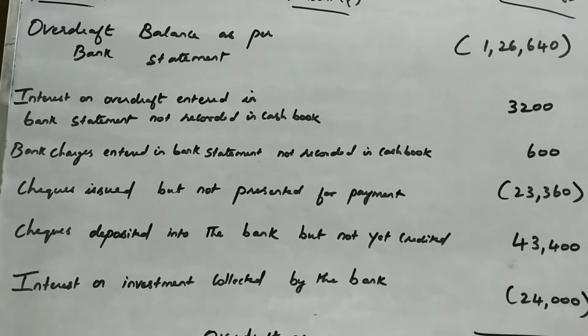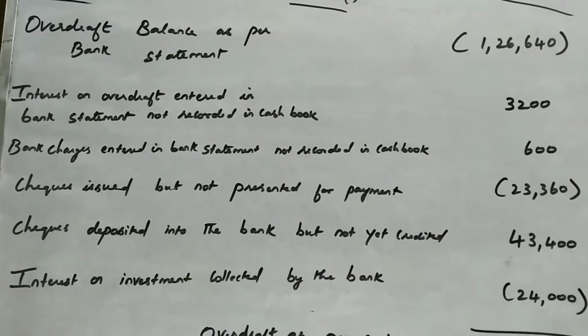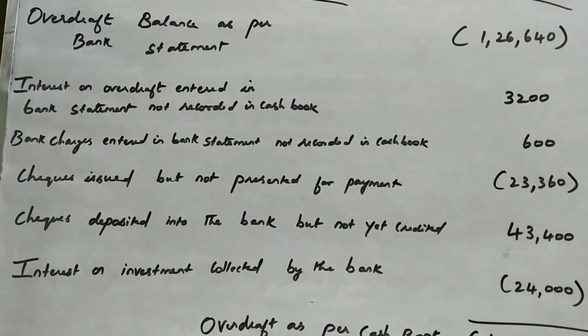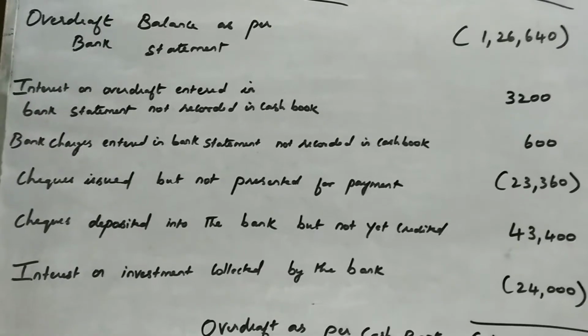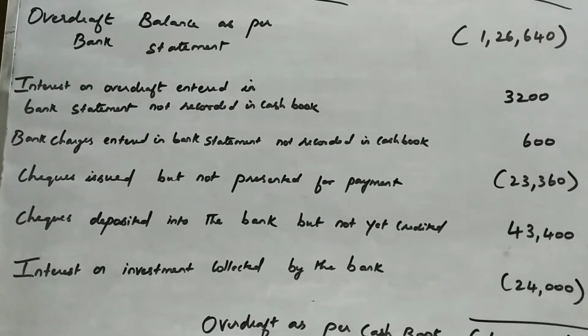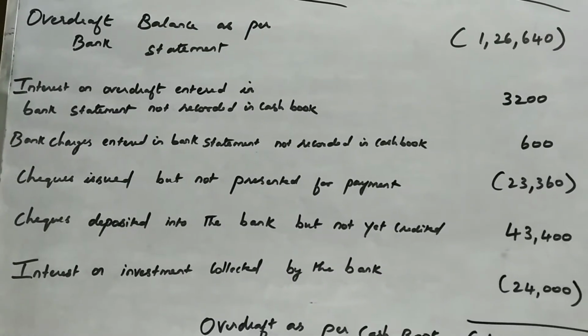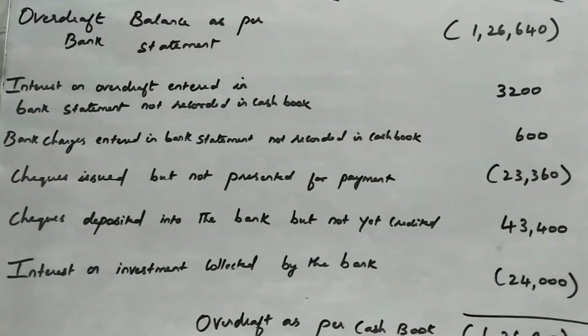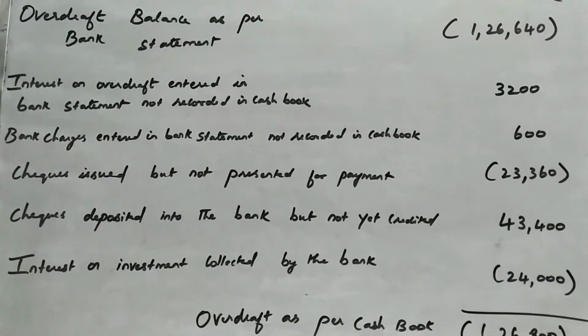Bank charges entered in the bank statement, not recorded in cash book. So again, bank charges will be deducted from our account, but we didn't record this in our cash book. So bank is less, but cash book is more. We normally add this item. I've put this without the bracket. Then checks issued but not presented for payment.